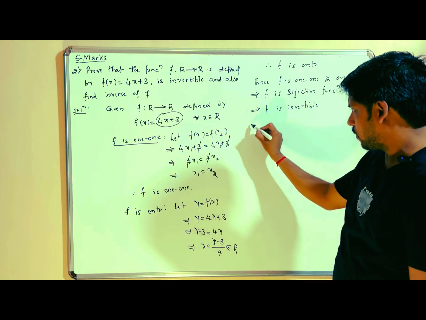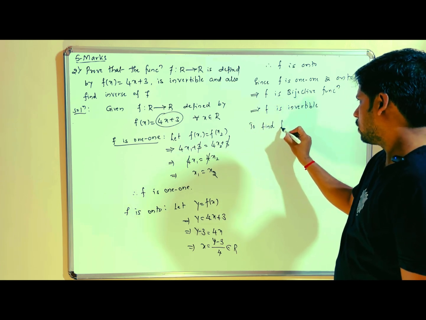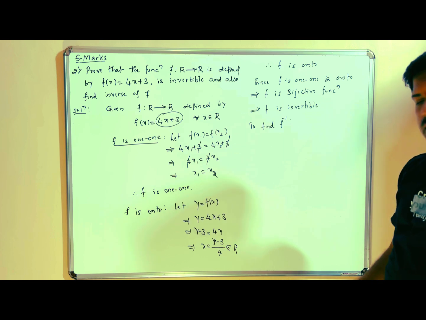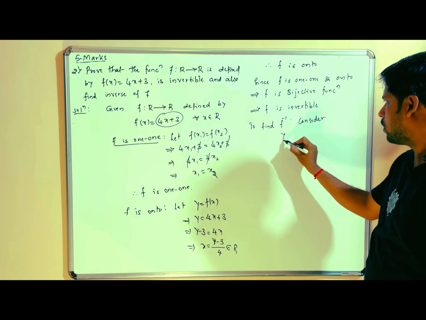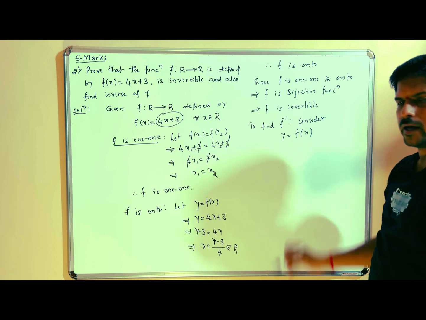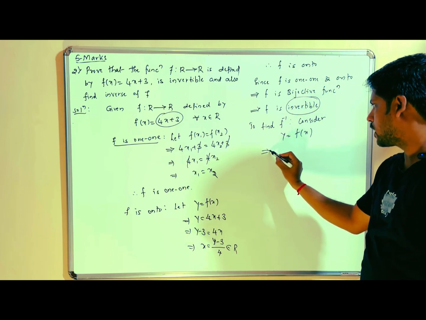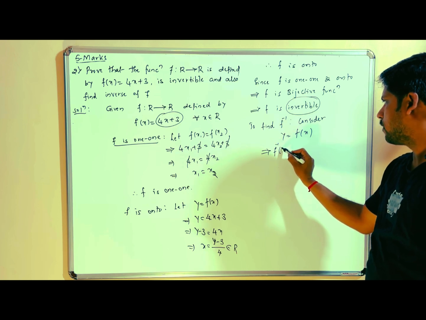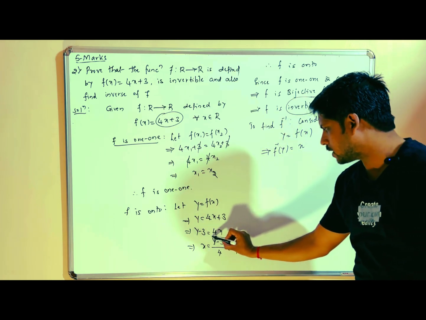Then if f is invertible, we have to find f inverse also. To find f inverse, consider y is equal to f of x. Anyhow, f is invertible, so this can also be written as f inverse of y is equal to x, and we have the value of x here.